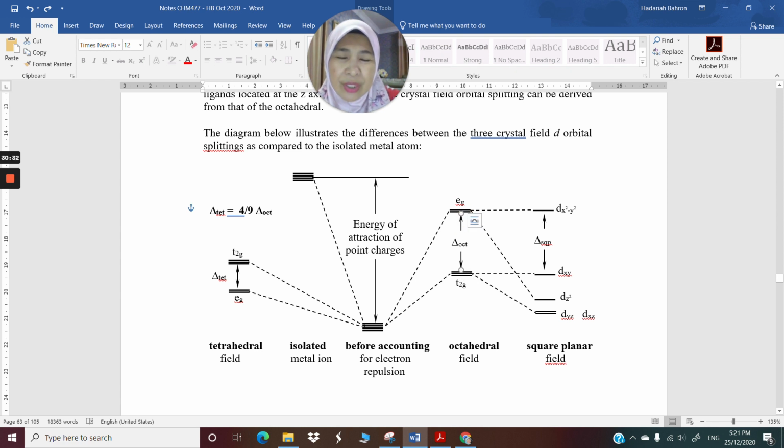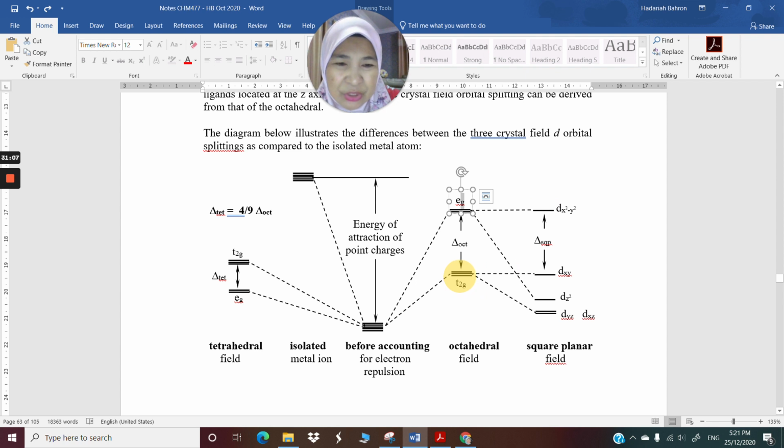When you want to see what happens in square planar, you start with your octahedral arrangement, but the dz squared will become very stabilized. It goes down there. From here, dz squared in octahedral was here. It goes down there, whereas your dx squared minus y squared remains where it is.